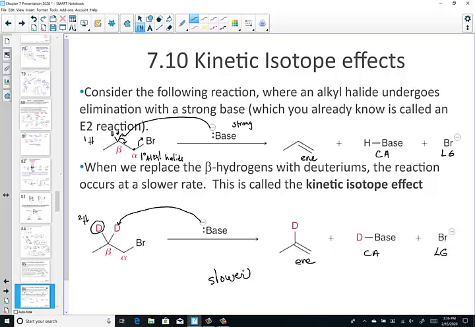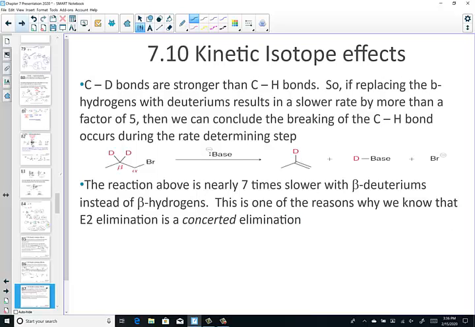And when you study kinetic isotope effects and measure the rates of reactions, deuterium is often used to indicate if the hydrogen is actually part of the mechanism. If you replace a hydrogen with the deuterium and the kinetics change, now you know that this is part of the mechanism. If you put on a deuterium and there was no effect in the rate determining step, well, then you know that hydrogen was not involved in the rate determining step.